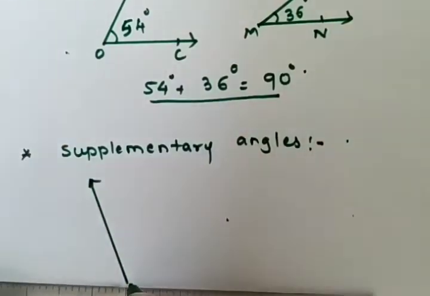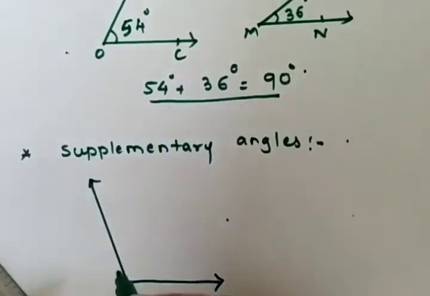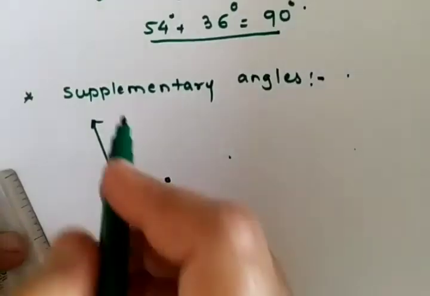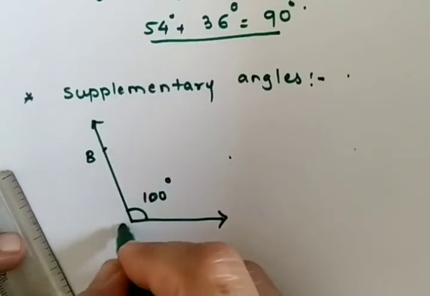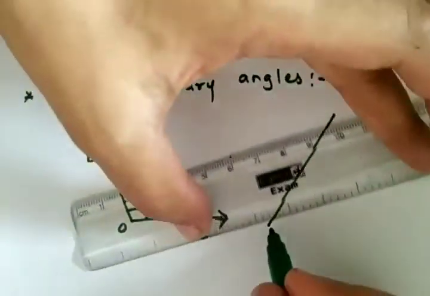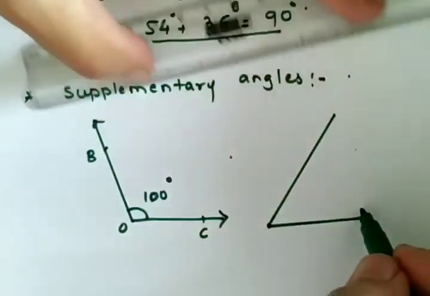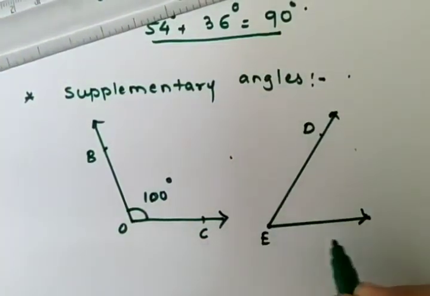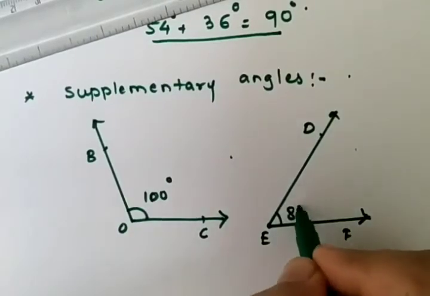Suppose this is one angle, and suppose the measurement of this angle is 100 degrees. I'll give the name also. Suppose this is BOC, and I'll draw another. The name of this angle is, suppose, DEF, and suppose this is 80 degrees.